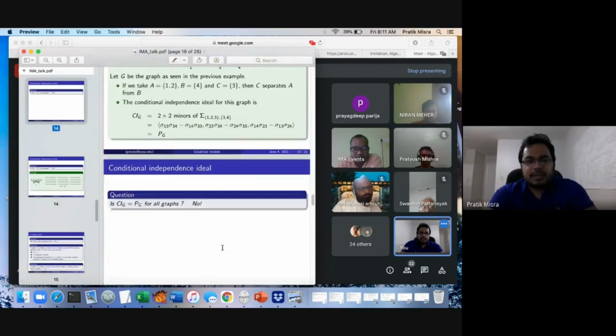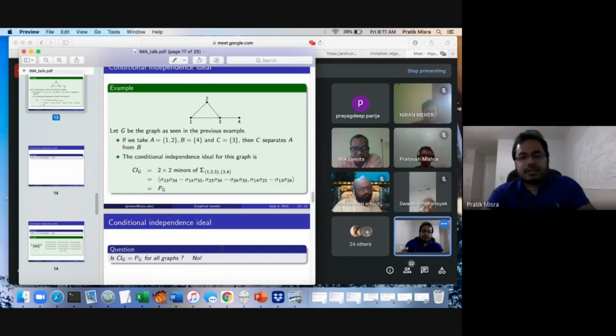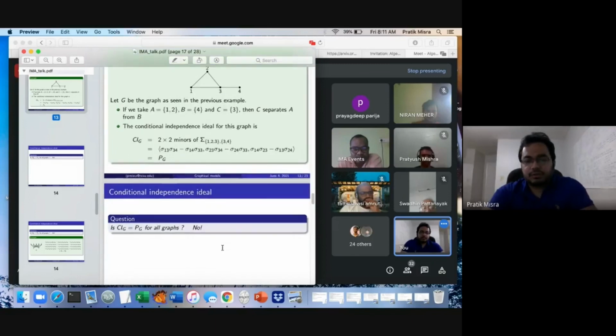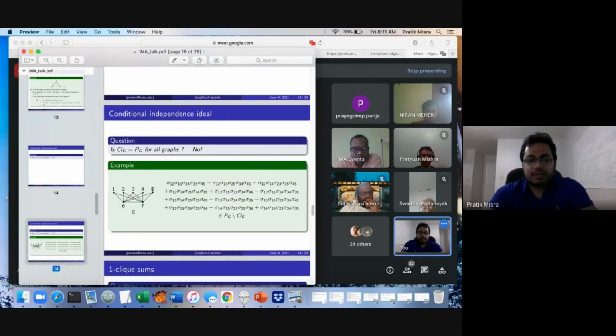Once you have the conditional independence ideal, there are cases when the conditional independence ideal and the vanishing ideal are actually equal, as we saw in the case of one-clique sums of complete graphs. But that is not always true in general. So we have this example where the vanishing ideal and the conditional independence ideal are not equal.